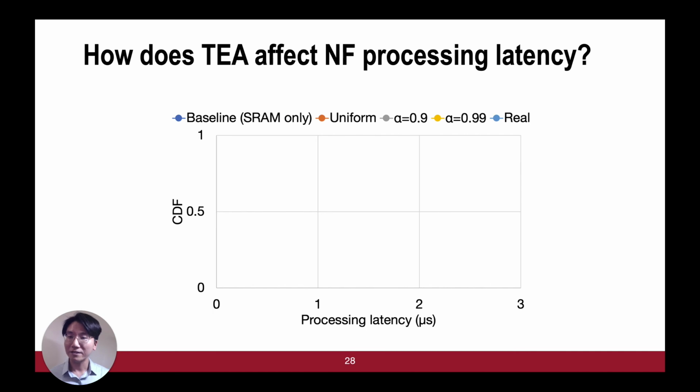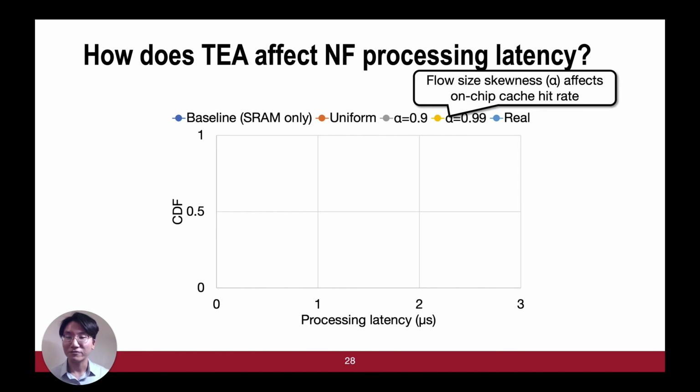And then our next question is, how does T affect processing latency of network functions? To evaluate this, we measured the distribution of per-packet processing latency of NAT by using a set of packet traces, including both synthetic and real traces. For synthetic ones, we generate traces with different flow size skewness because it can affect the cache hit rate and latency distribution.